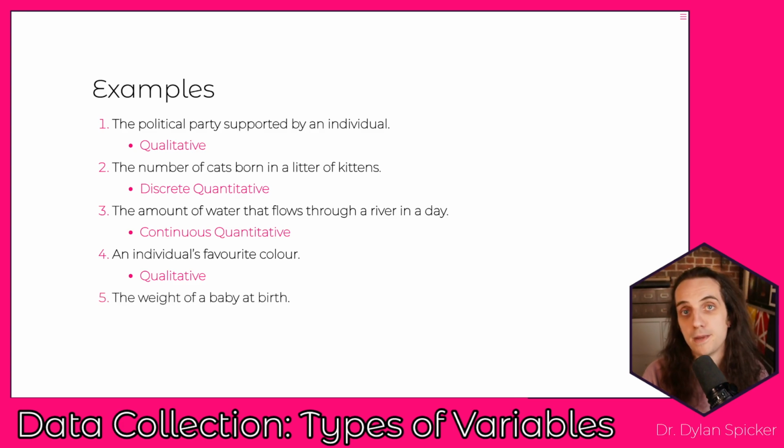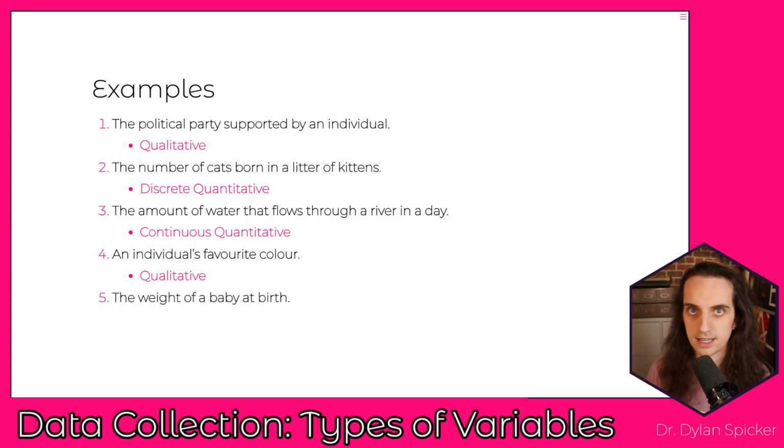The weight of a baby at birth. Okay. And so here, qualitative versus quantitative, there's a number here. So it's a quantitative variable. And then we have to think, is this going to be discrete or continuous? And sometimes when we're dealing with discrete versus continuous, it comes really down to how are we measuring it, right? And so if you wanted to measure this where you could actually list out the full set of possibilities, right?